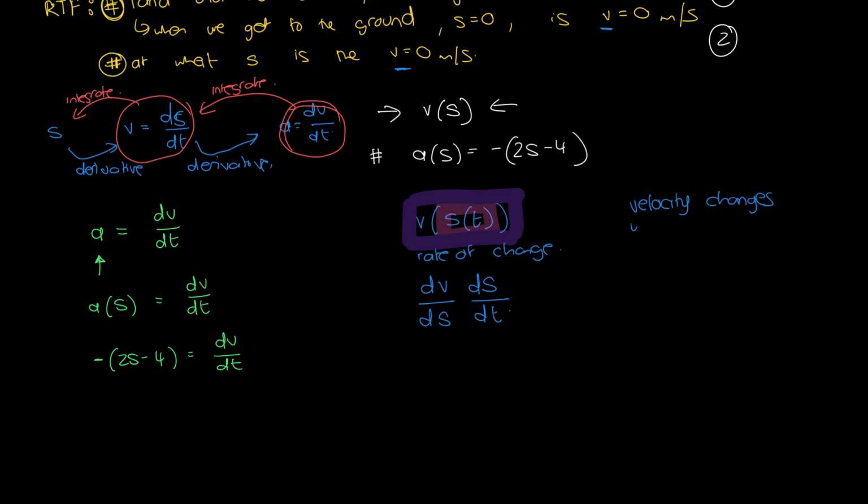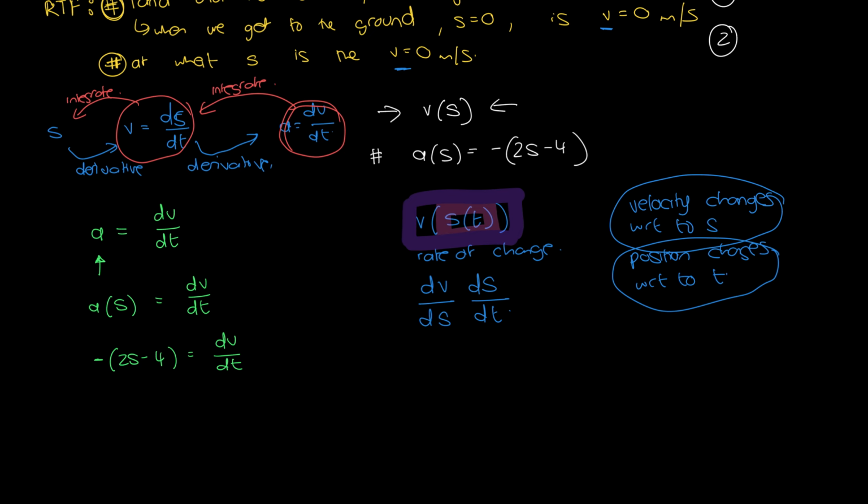Changes with respect to position, and position changes with respect to its input of time. So if we're looking at the entire velocity, we have to look at how the position changes with respect to time, and then how that change affects the velocity. And that's where that chain rule comes in with that multiplicative or multiplication situation.